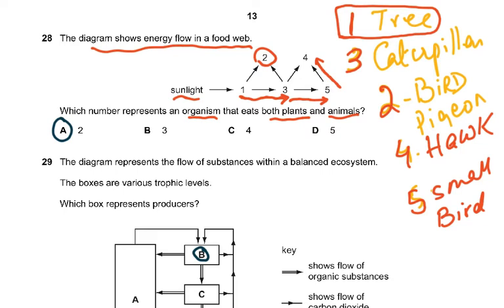So one is the producer, three is the primary consumer, five is the secondary consumer, and then four would be the tertiary consumer. 2 would be, at times when it's eating 1, a primary consumer. When it is eating 3, it is actually the secondary consumer. And I could make you an MCQ on that as well. Which number is at times a primary consumer, at times a secondary consumer? If you only knew the food chain, only then you could do this question. Brilliantly difficult question.